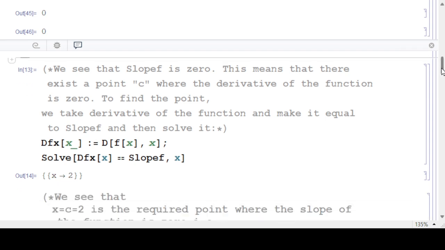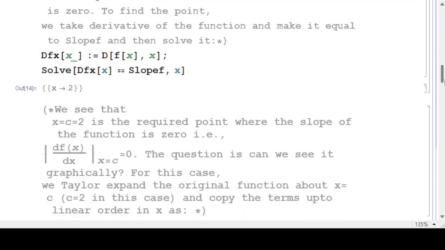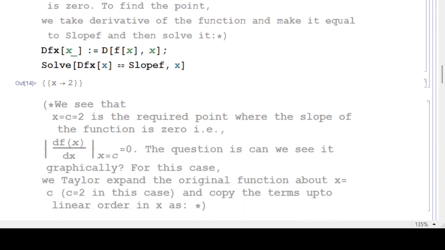So when we do that, we obtain a point x equal to 2. So we see that this point is the required point where the slope of the function is 0, that is, the derivative of the original function with respect to x is 0.